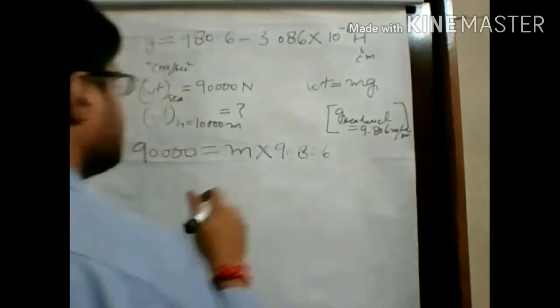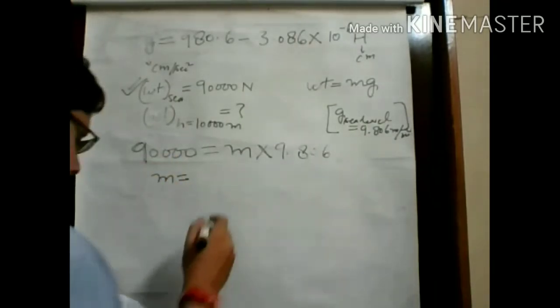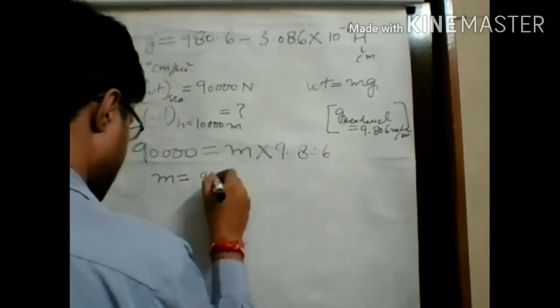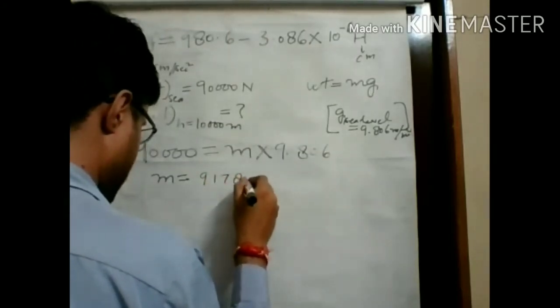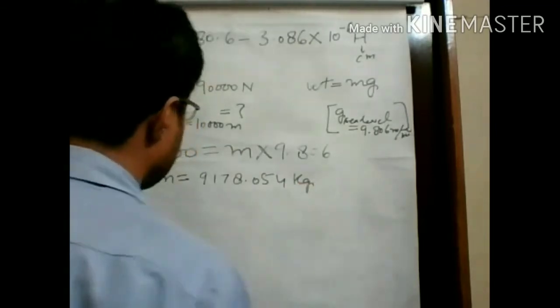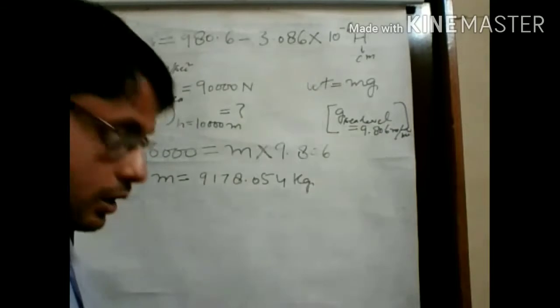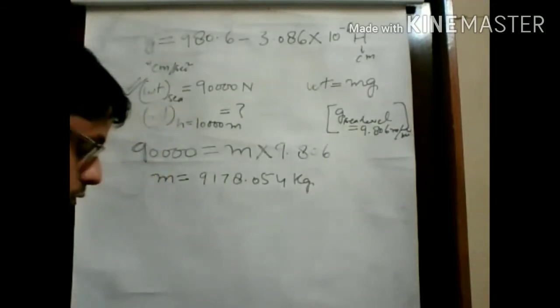So by this we can calculate the mass of that plane, which is equal to 9178.054. Okay, this is the mass of that plane. Clear?